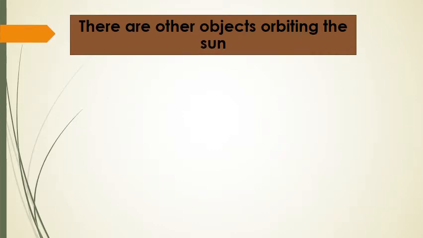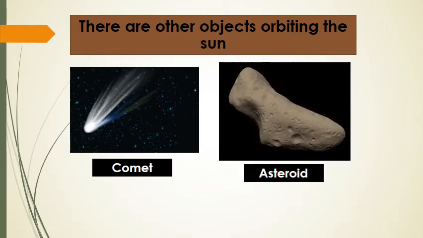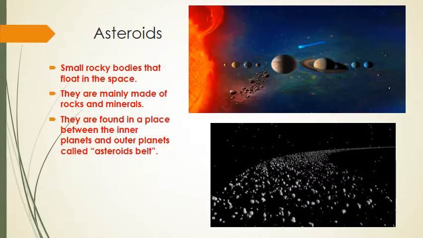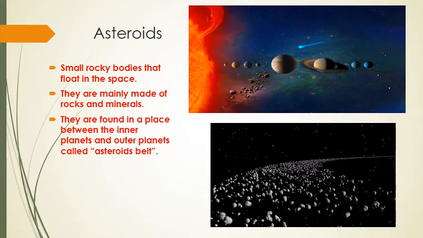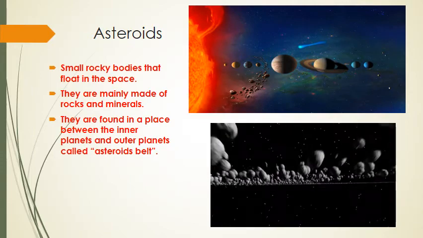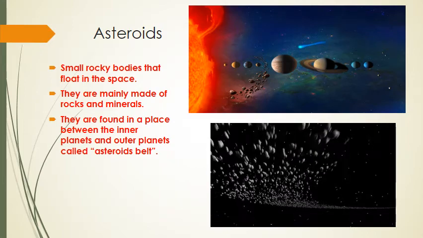So there are other objects other than the planets that orbit the sun, such as what? Such as the comets and the asteroids. Now let's talk about each one of them. Now let's start with the asteroids, guys. The asteroids are actually small rocky bodies that float in space. They are not as big as the planets to be considered a planet.